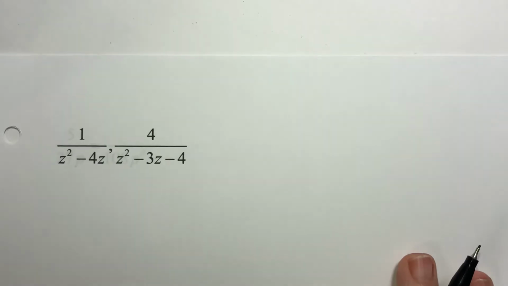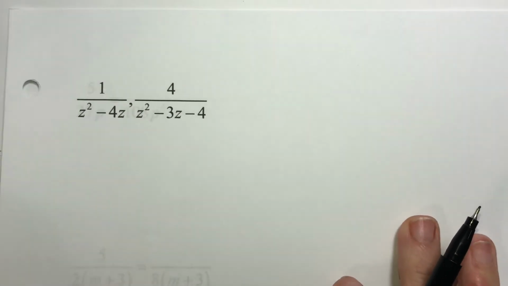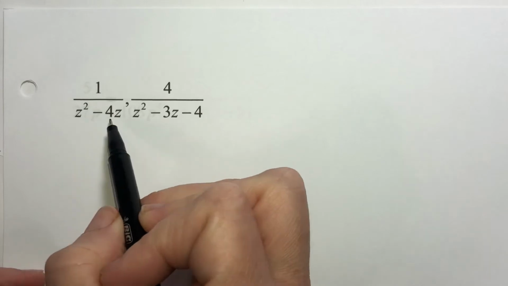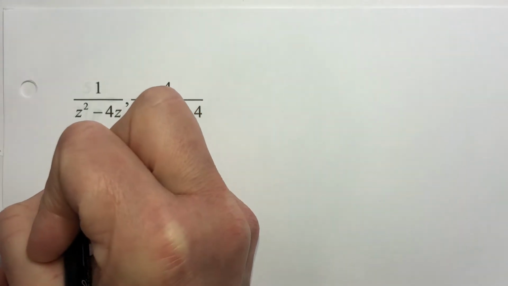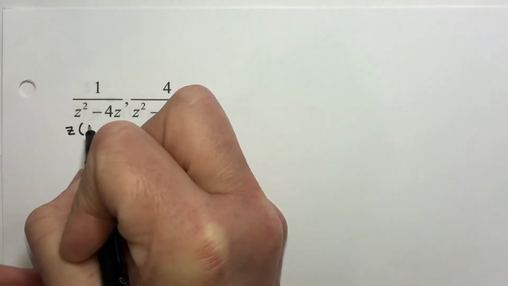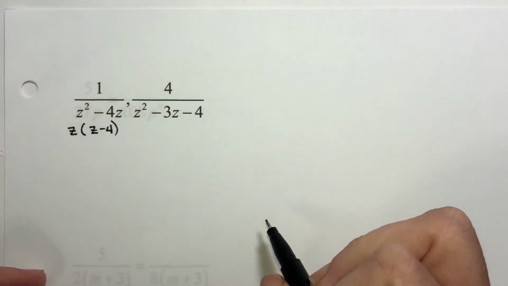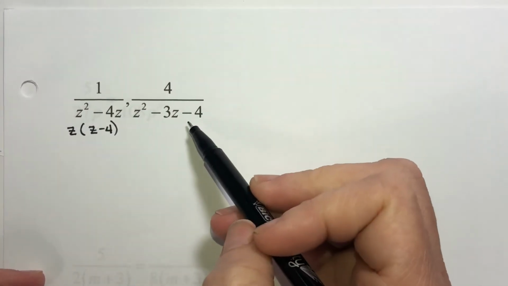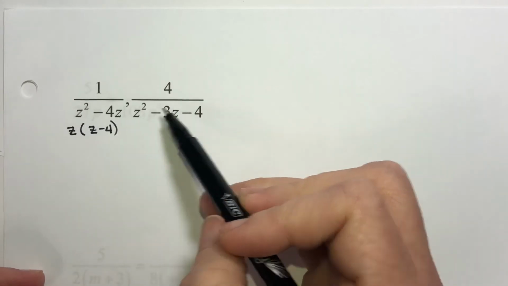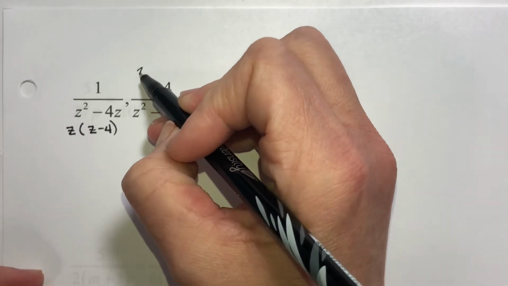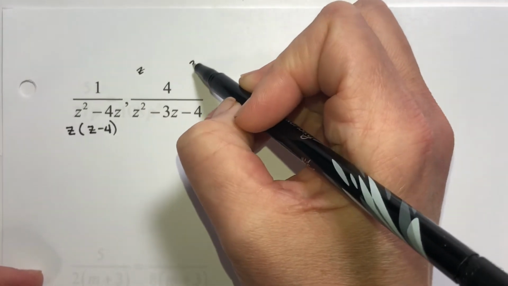Okay, so let's find the LCD on this one. I do have some factoring to do. For this one, I can factor out a z, and that leaves me with z minus 4. Okay. For this one, I have squares on the ends, but the square root of z squared is z, the square root of 4 is a 2.